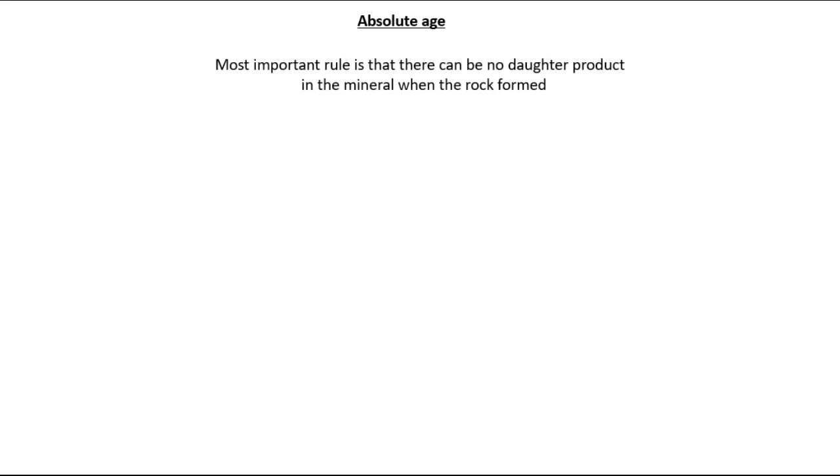The rule is that when that mineral is first crystallized from molten rock, and this is why igneous rocks are the ones we use to get age dates on, when those unstable or parent elements get locked into that mineral, there are no daughter products there. It hasn't decayed yet and hasn't had time to get trapped in there.